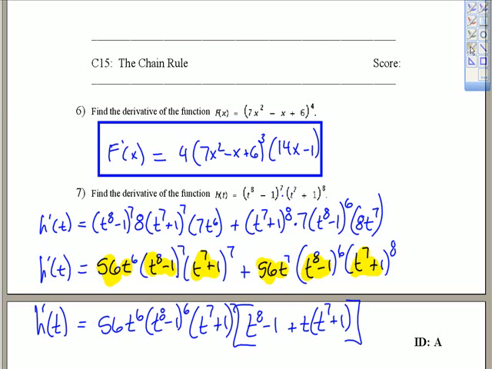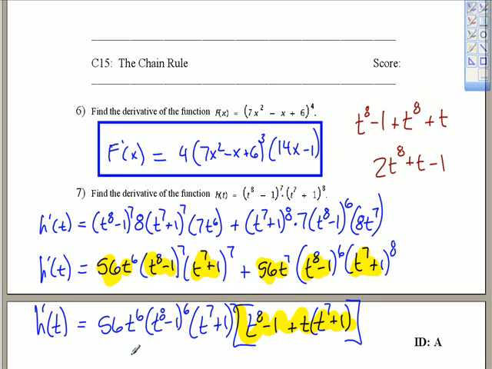Just focusing on this chunk right here, since I'm going to run out of space, let's clean that up here. I've got t to the 8th minus 1 plus, if I take t times t to the 7th, that's another t to the 8th, plus t times 1 is t. So that looks like 2t to the 8th plus t minus 1 is what's inside that bracket.